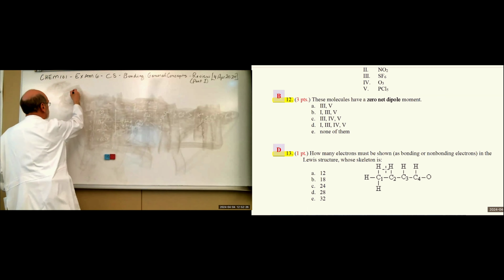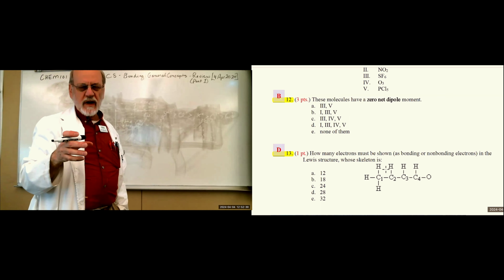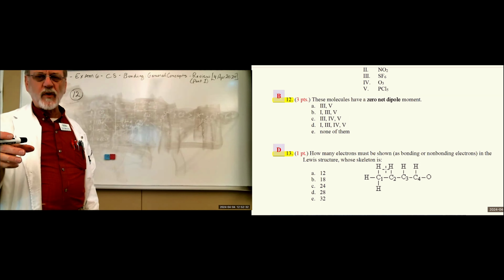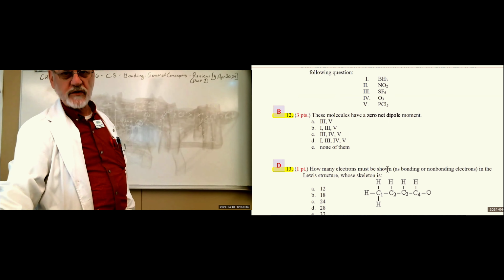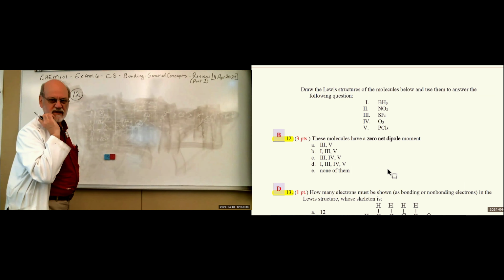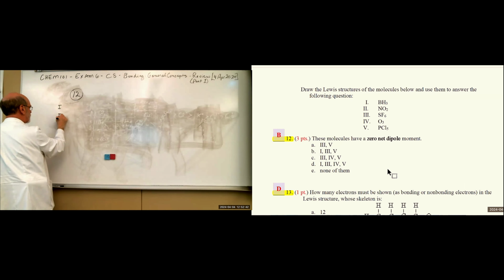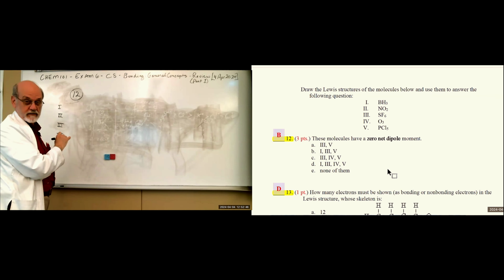Number 12. These molecules have a 0 net dipole moment. Oh, we're looking at the ones just above. Okay. Lewis, okay, we got 4 of them. Four, 5. We have 5.